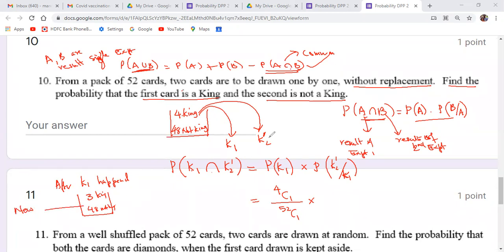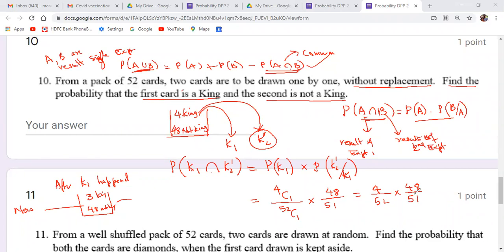In this new sample space, what is the chance of not getting a king? 48 out of 51. So, 4 upon 52 into 48 upon 51.